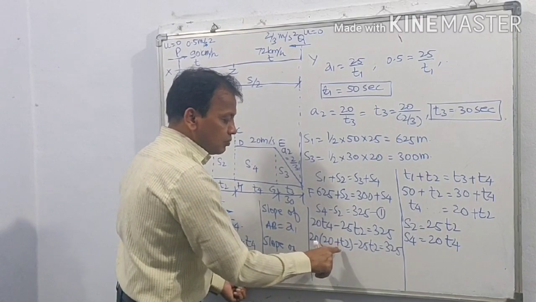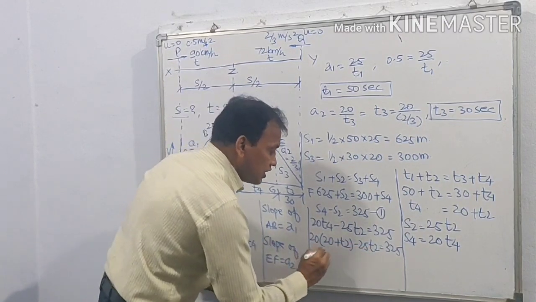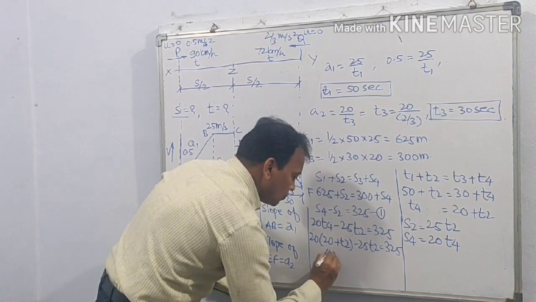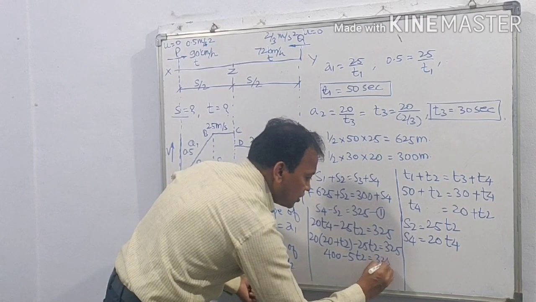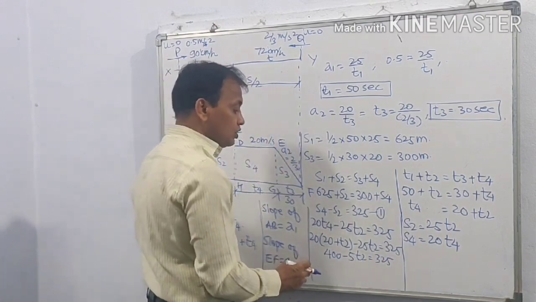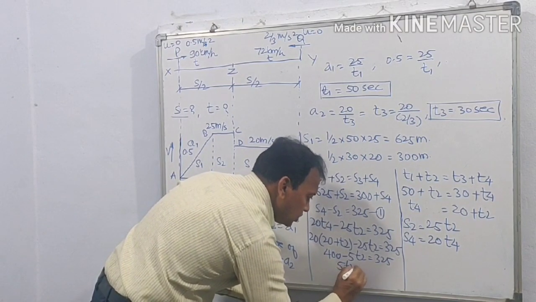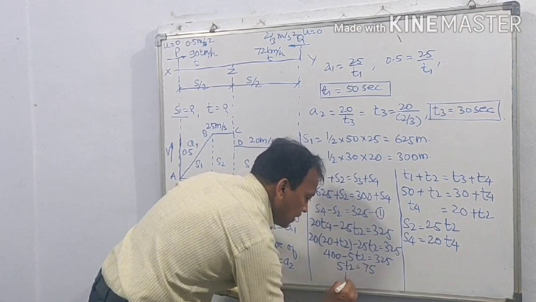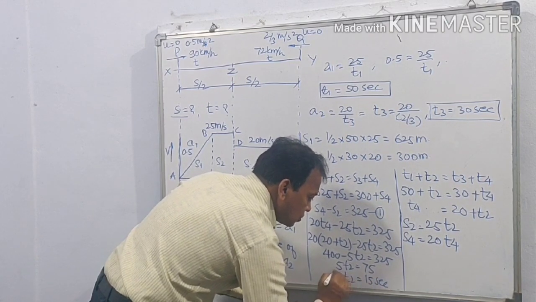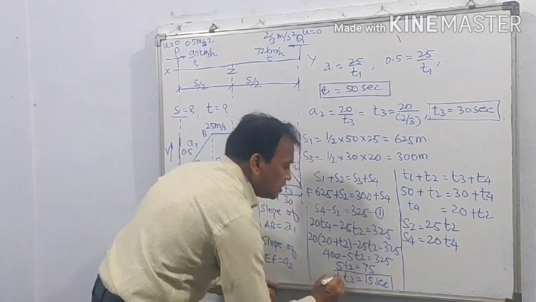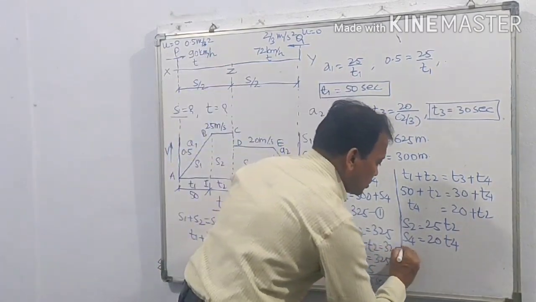So 400 plus 20 T2 minus 25 T2, that is 400 minus 5 T2, is equal to 325. Therefore 5 T2 is equal to 75 and T2 is equal to 15 seconds.